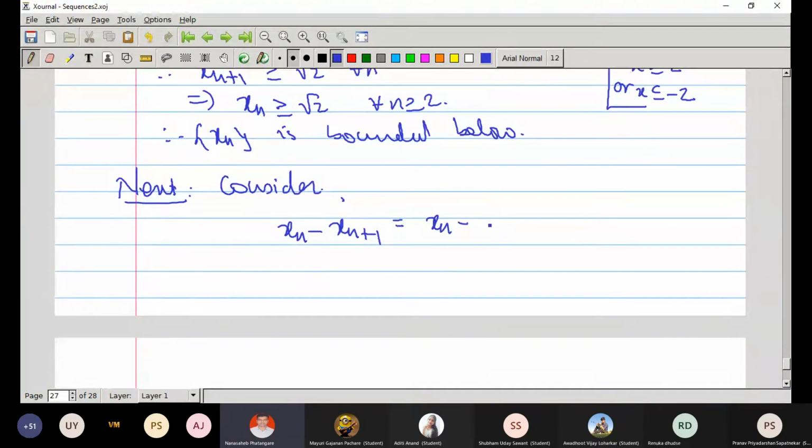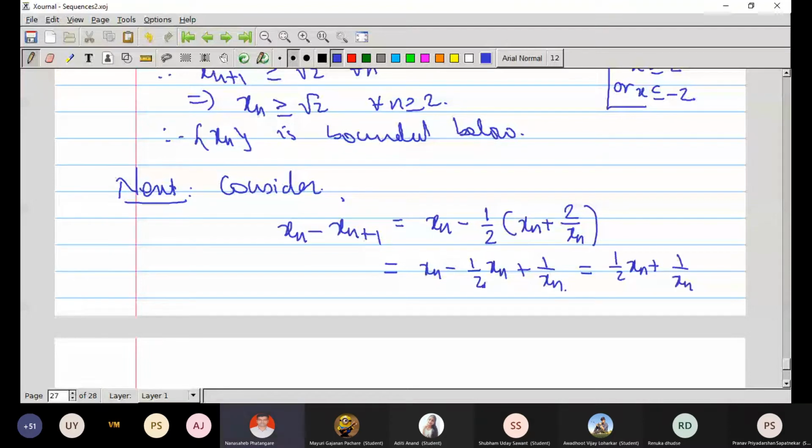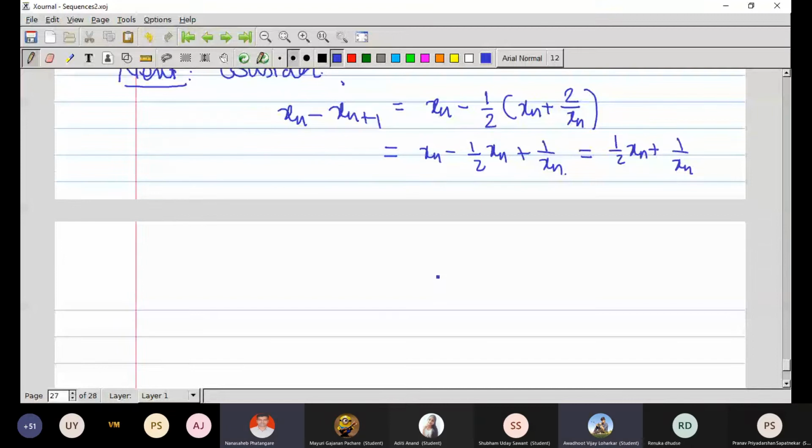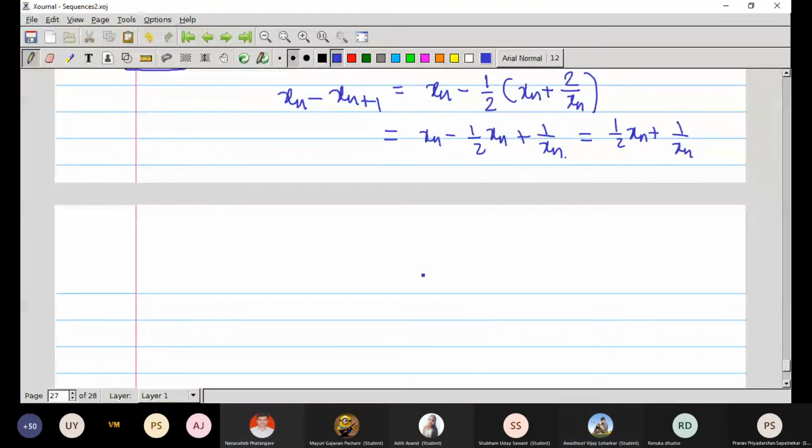xn minus, but by definition, what is xn plus 1? It is xn minus half of xn plus 1 upon xn. So what is it? Half of xn plus 1 by xn. Correct? So it will be xn minus half xn minus 1 by xn.